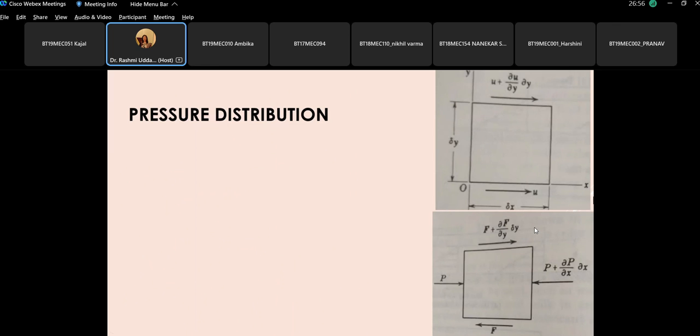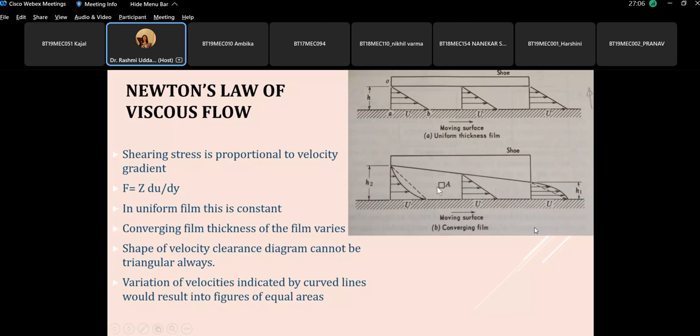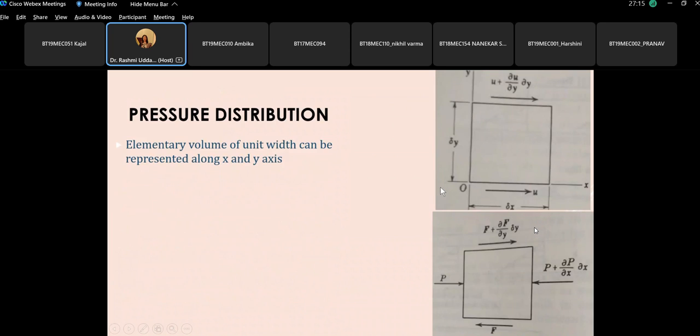Now let's see how the pressure is distributed here. If I'm taking a small volume of width A within this oil film, it's an elementary volume. Along the x-axis, somewhere I have velocity u.